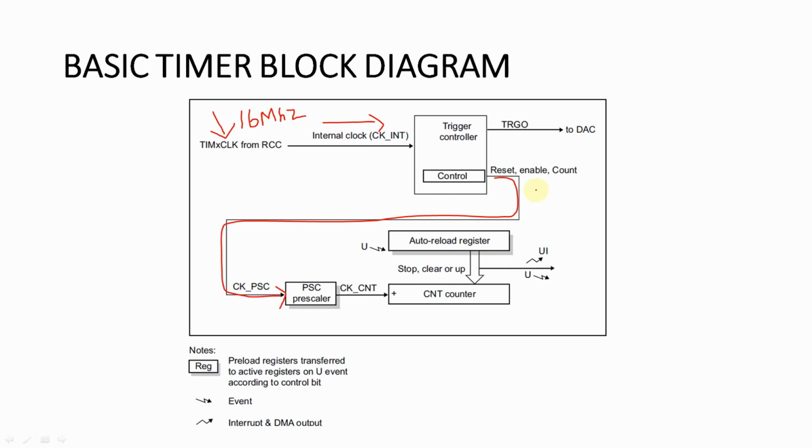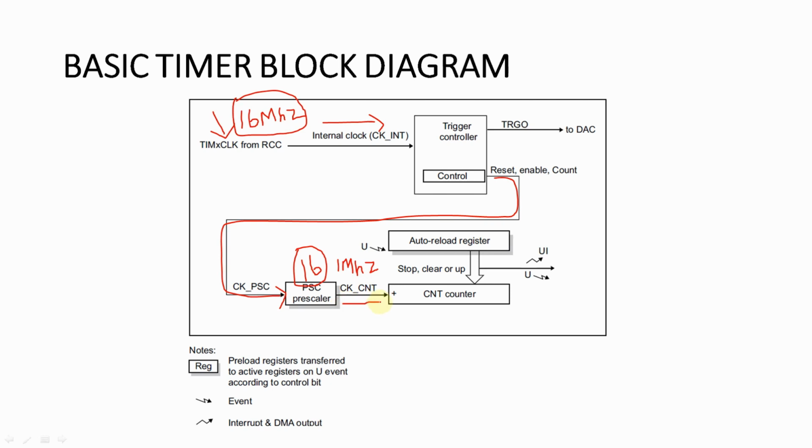Here let us consider the prescaler that we have loaded to be 16, which is a simple number. What happens in this block is that the 16 megahertz derived from the RCC peripheral to the timer module will be divided by the number provided as the prescaler. So 16 megahertz divided by 16 will provide us 1 megahertz as the frequency of the timer after passing through the prescaler.